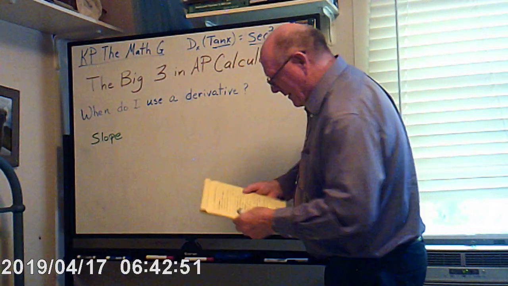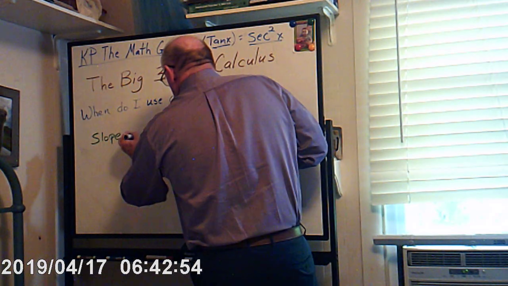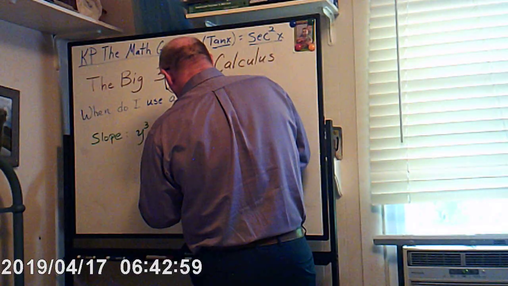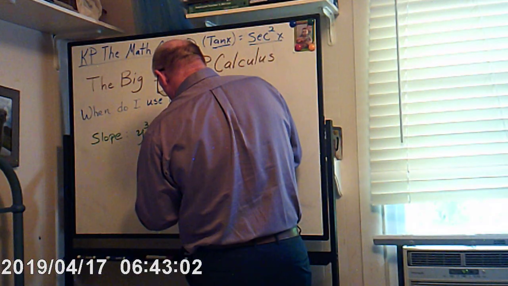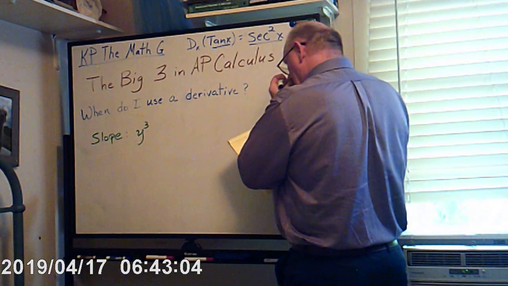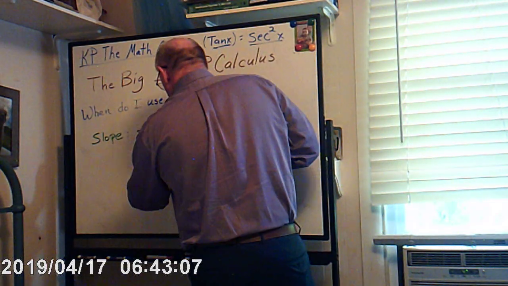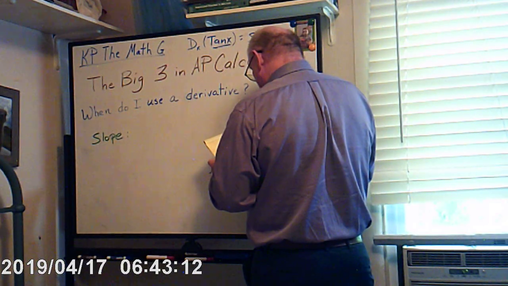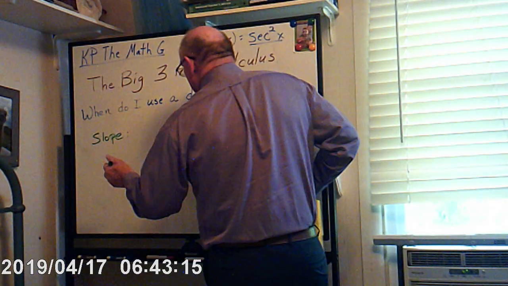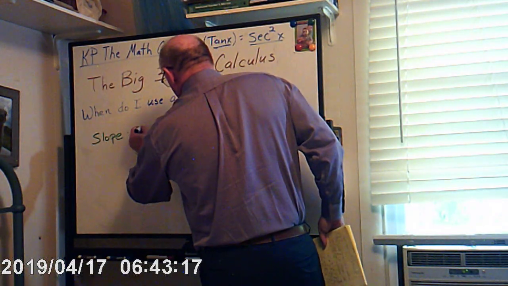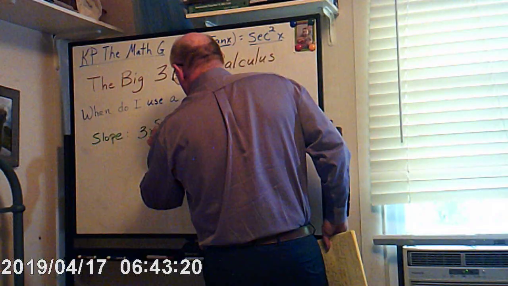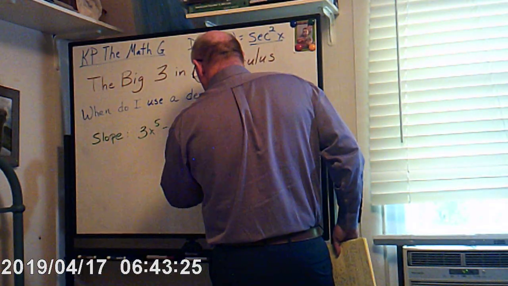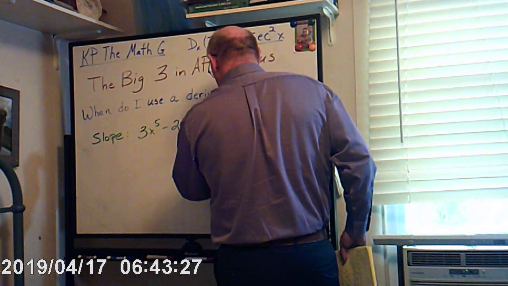So let's look at, oh, wait a minute. Let's not worry about implicit differentiation. So I'm not going to do that yet because it can be difficult. So let's just make up something then: 3x to the 5th minus 2x to the 4th plus x to the 2nd power.